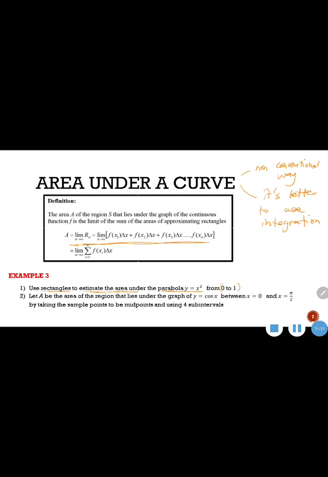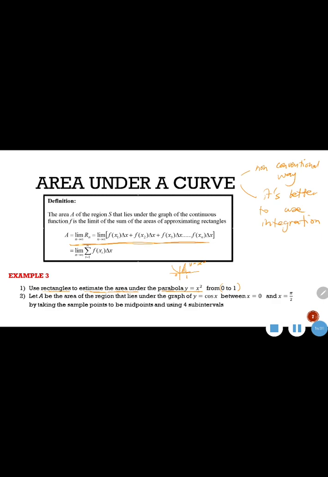So the keywords here are: use rectangles to estimate area under the parabola. The parabola should look like this, y equal to x square from 0 to 1. We should use rectangles to estimate the area under here.